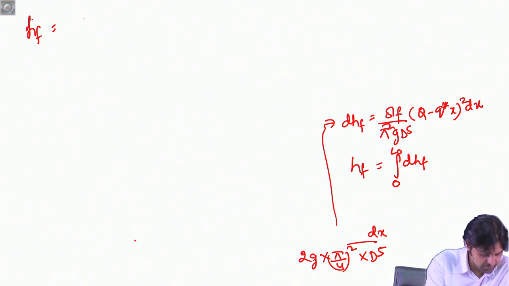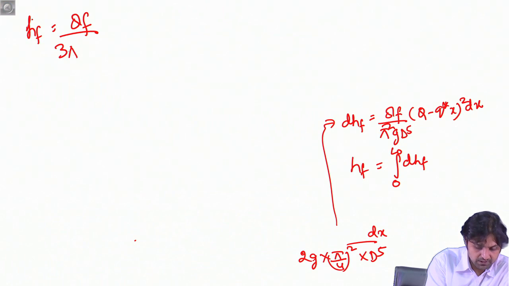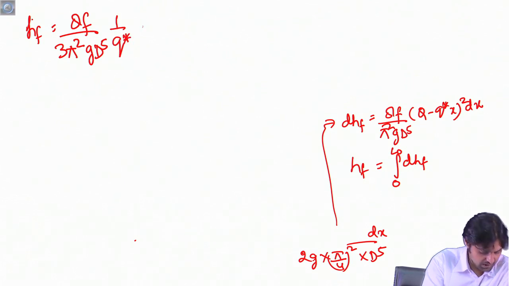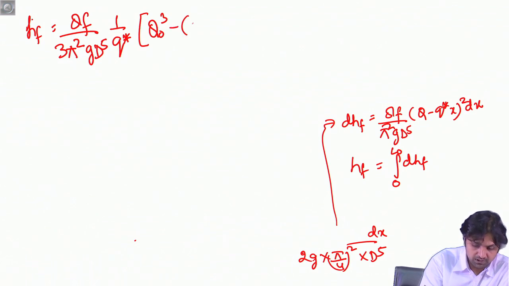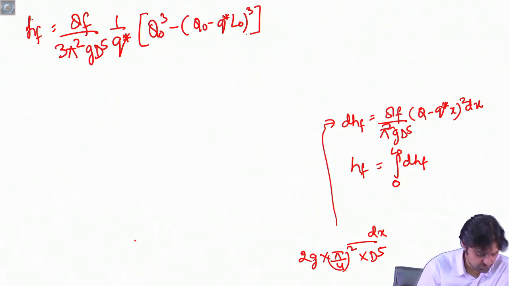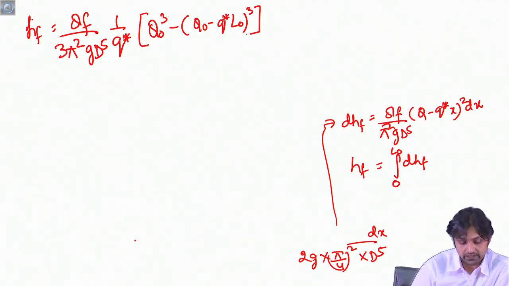So Hf comes to be 8f divided by 3 pi square g d to the power 5 into 1 by Q star into (Q naught cube minus (Q naught minus Q star L naught) whole cube). All right. So this is the general head loss for the continuous withdrawal that we have found out.